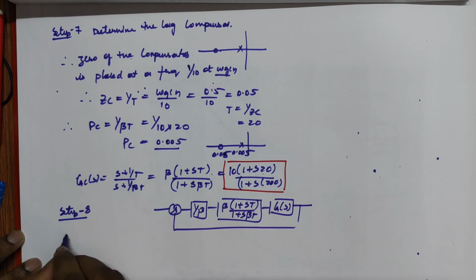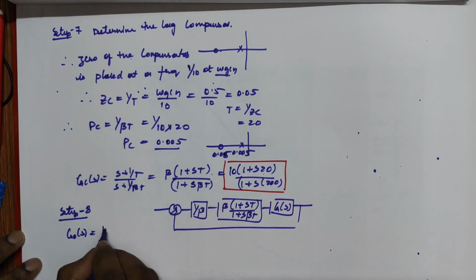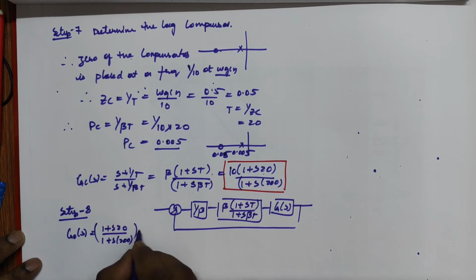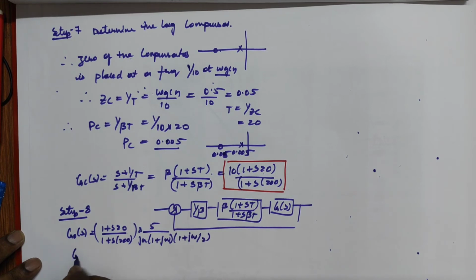So G0(s), I'll get, we do 1/β into Gc, so (1 + 20s) / (1 + 200s) into 5 / (jω(1 + jω)(1 + jω/2)).